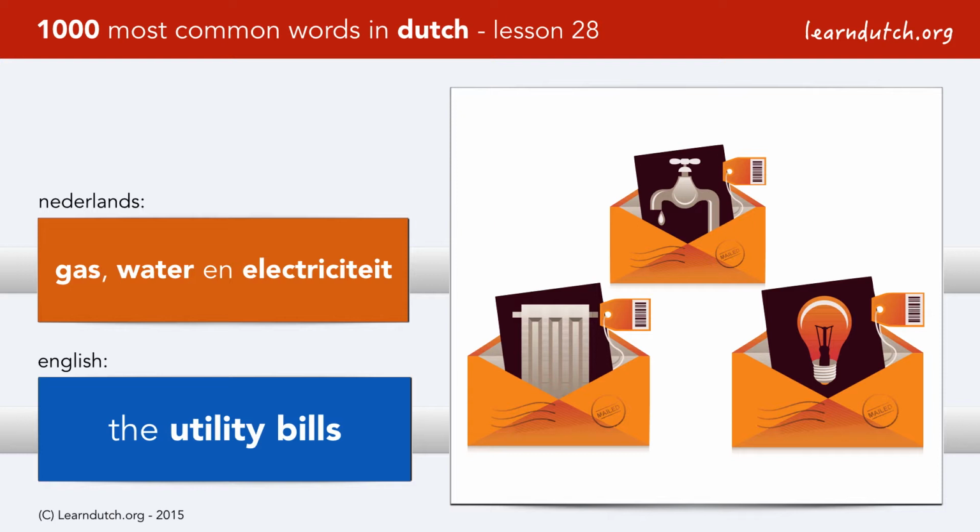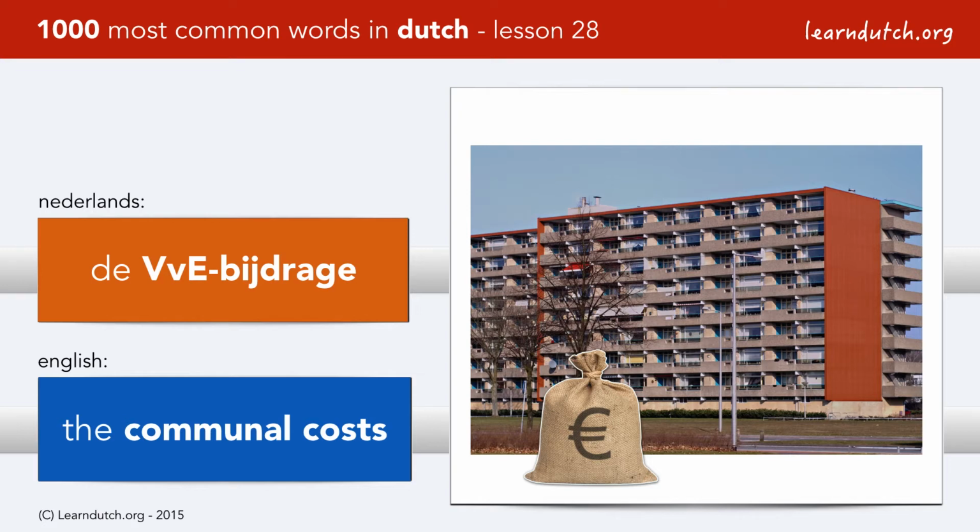For short, GWE. And sometimes included, sometimes not, so very important to check this, is de VVE-bijdrage. The VVE is the Homeowners Association. This fee is for covering the maintenance costs of the building.